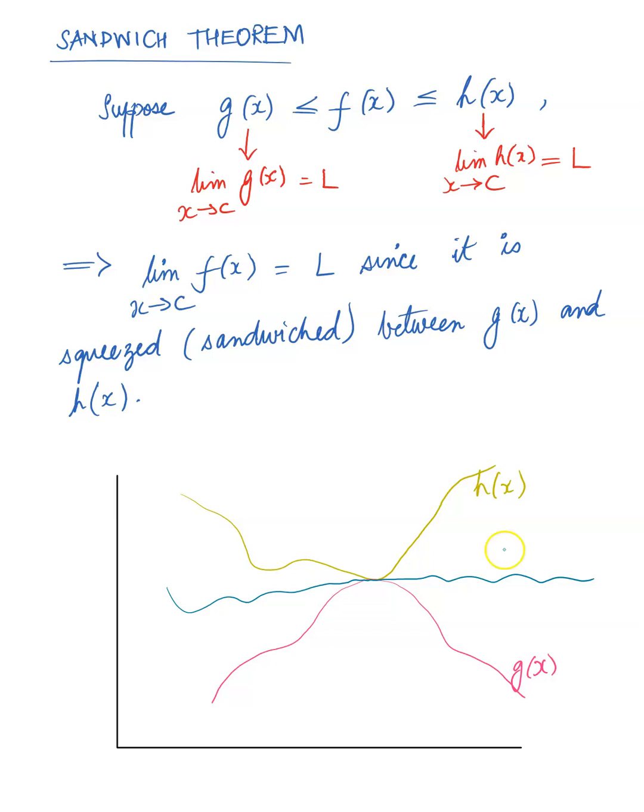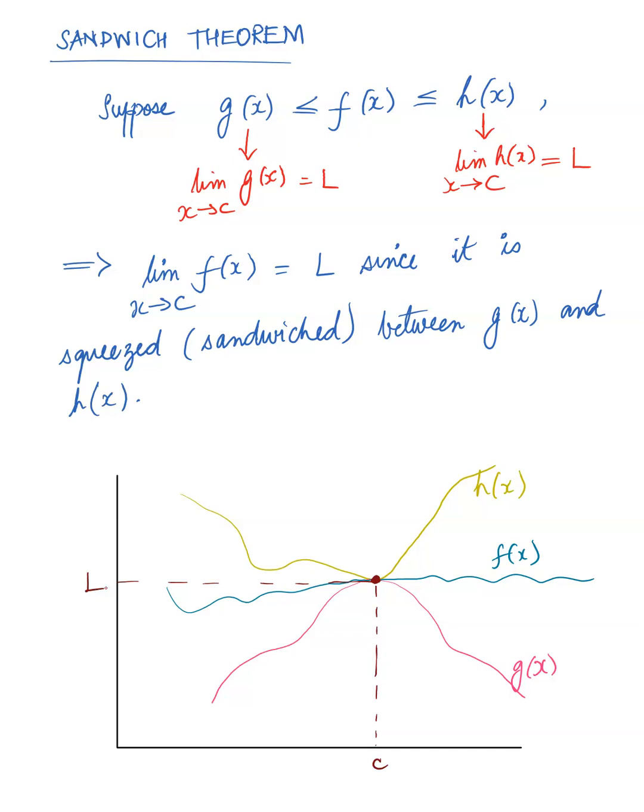So say f of x is a complicated function. You want to find this g and h, the green and the pink, in such a way that your f is sandwiched or squeezed in between them. And what is spectacular about this is we want to choose functions such that as x approaches c, they all pinch at that same limiting value, capital L, on the y-axis.